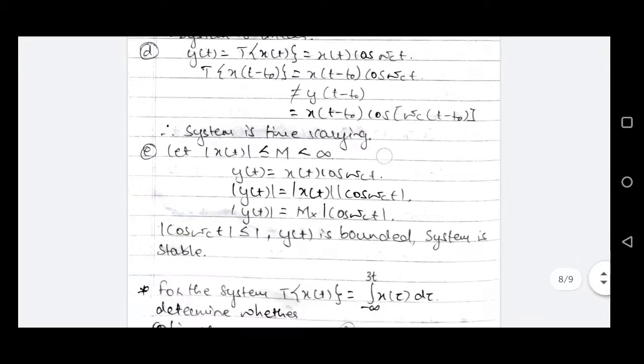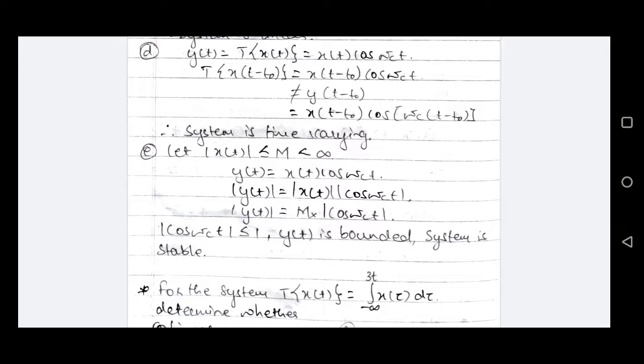Is it a stable system? Now, to understand the stability of this system, let us consider that the input x of t is bounded. Therefore, we'll consider x of t to have a finite value m. For a bounded input, the system will be producing a bounded output.